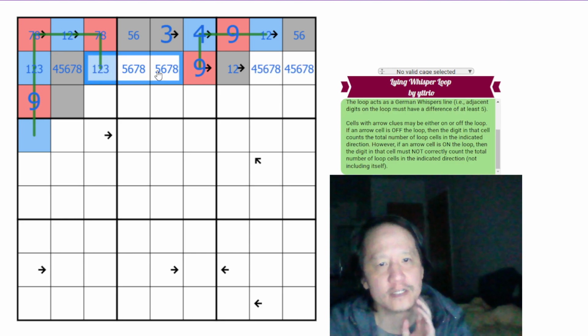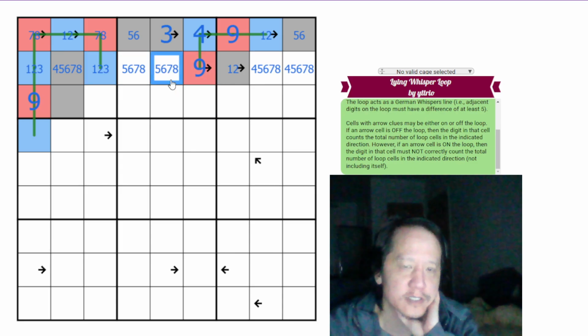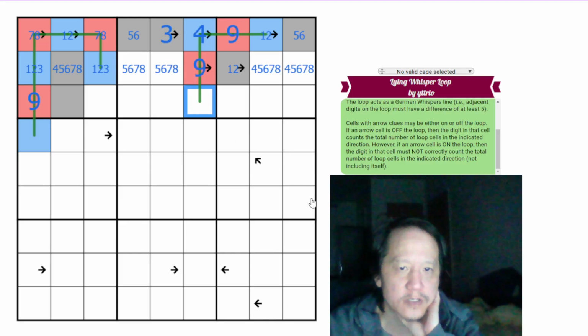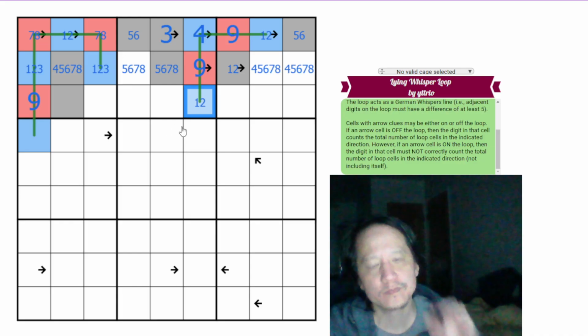So if we tried continuing this way, it does not. Okay, so this one cannot go this way because this is not 1, 2, or 3. So this has to continue this way. So this goes this way, which makes this blue, and this one can't be. So this is gray. This is 1 or 2.